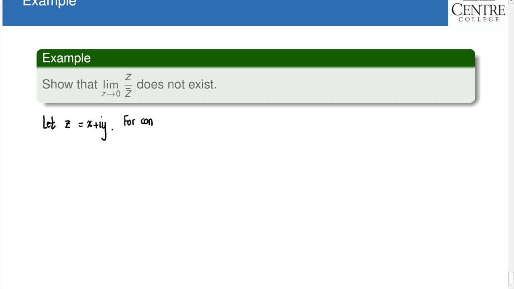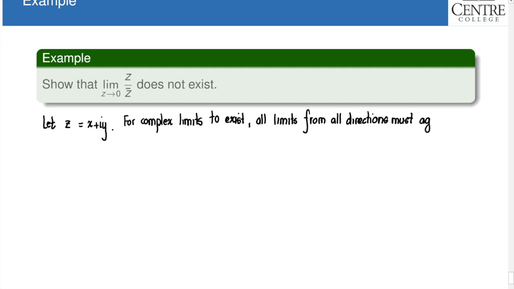So for complex limits to exist, limits from all directions must agree.